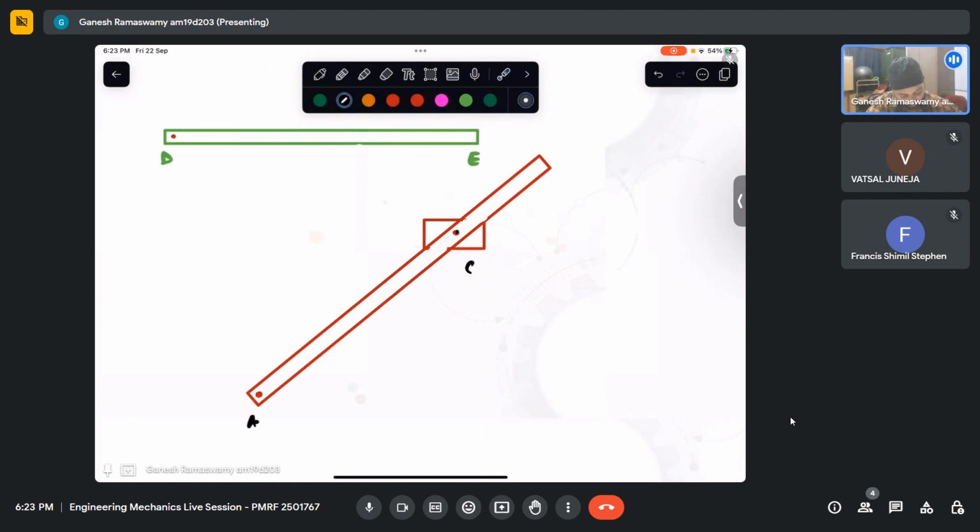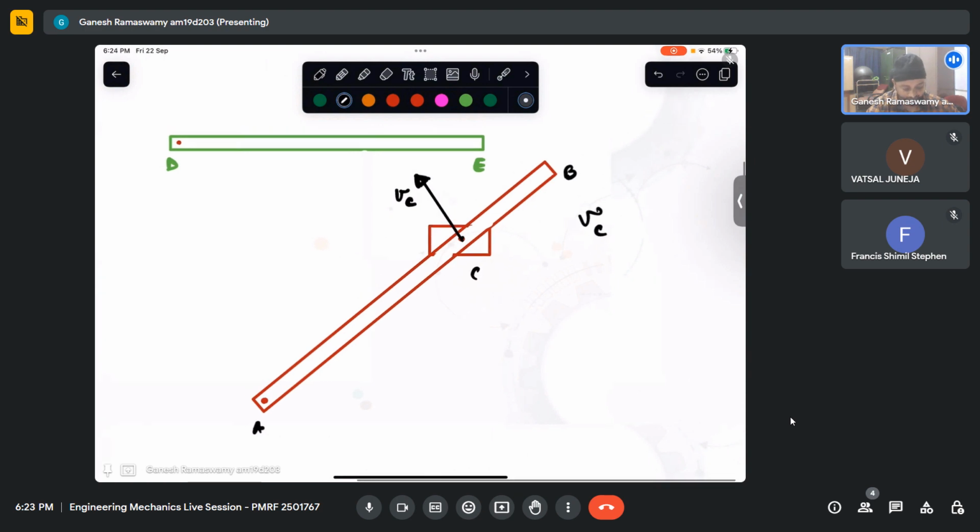So we naturally know that the velocity would have to be like that or like that, depending on how it is rotating. Given the angular velocity of AB, this is B, VC is always known. This is VC. The absolute velocity of VC is always known.